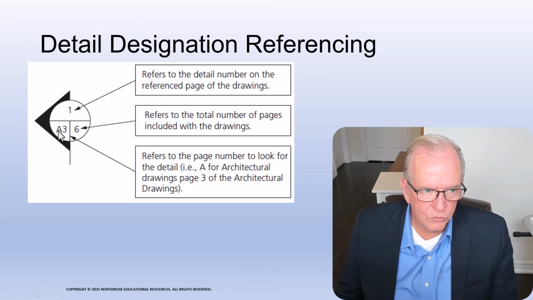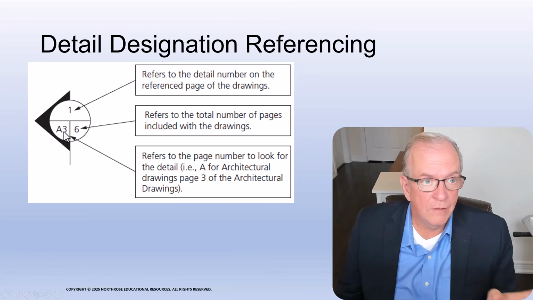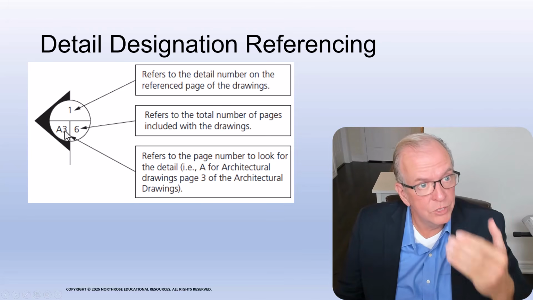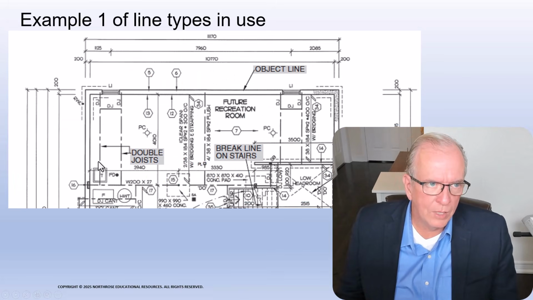Architectural drawings, that's what the A stands for, page 3 of 6. Because you could have S3, that would be structural, right? In some drawings, there could be 70, 80, 100 pages of drawings that you're looking through, whereas with these that I'm showing you right now, there's like 7 pages that I showed you at the beginning. So you get used to how they're referenced and how to look at them.